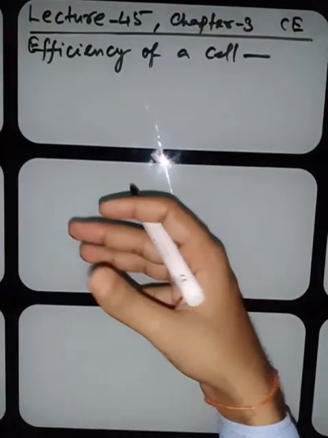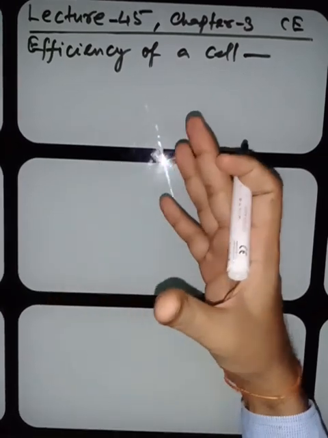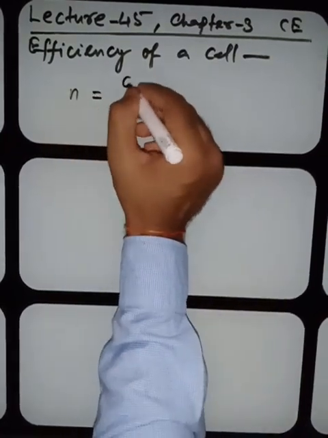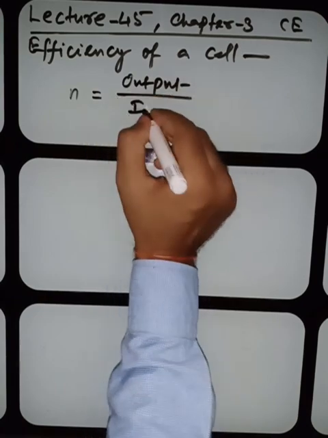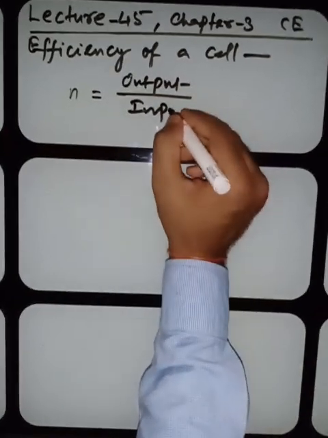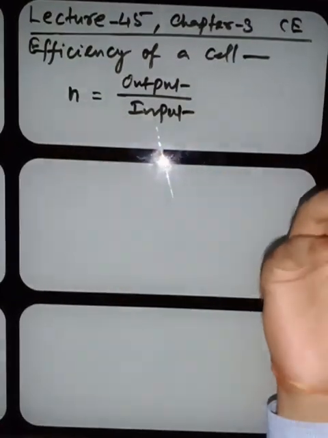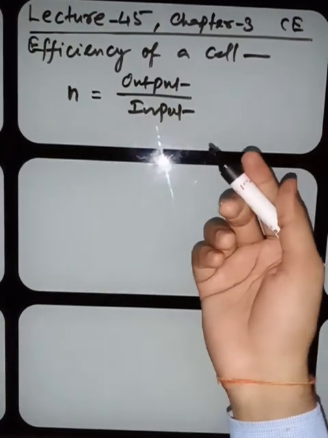It means using that power, what that instrument did as output. So efficiency, we know, is nothing but output by input. What we have as input and what we got as output. This is the efficiency. If you want to find the percentage, then you multiply by 100%. It becomes the percentage efficiency.